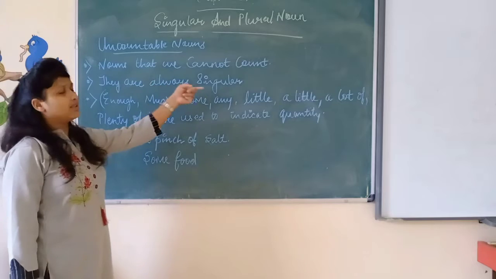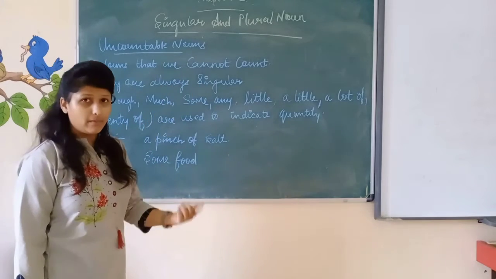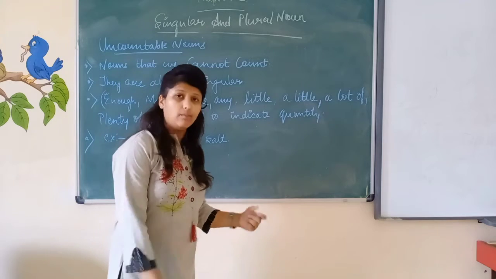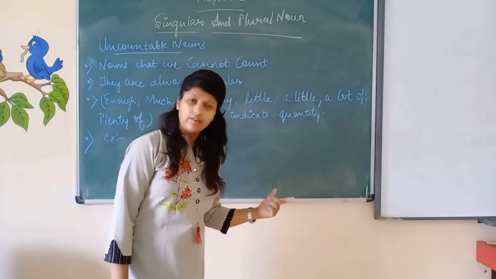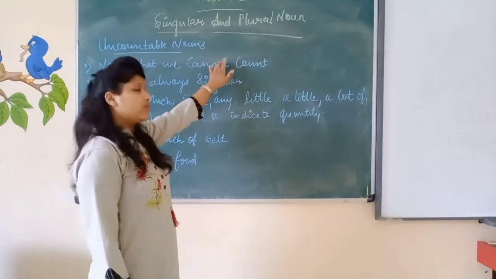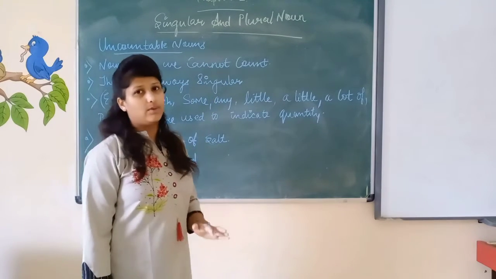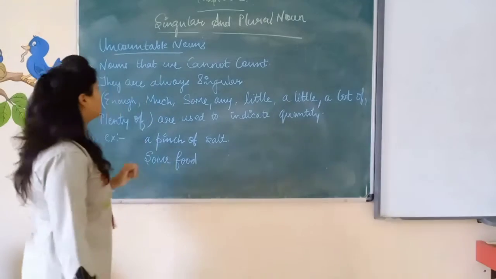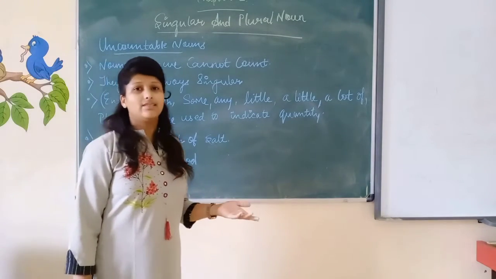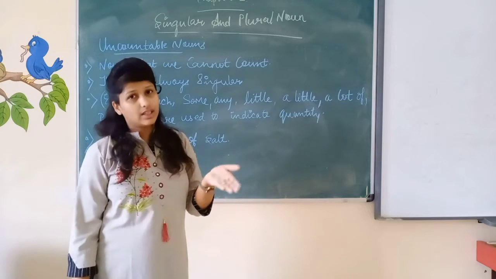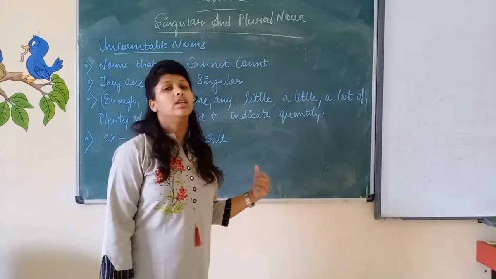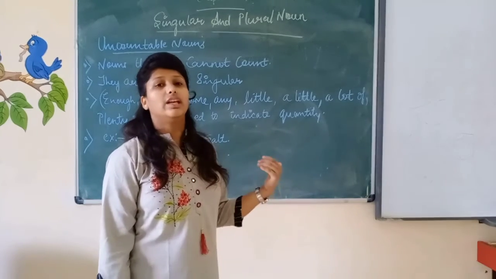They are always singular. As you remember, countable nouns can be in both forms, that is, they can be singular and they can be plural. But uncountable nouns always remain in singular form. Now, as we have studied that there are some words which we can use with countable nouns, in the same way for uncountable nouns there are some words which we can use.